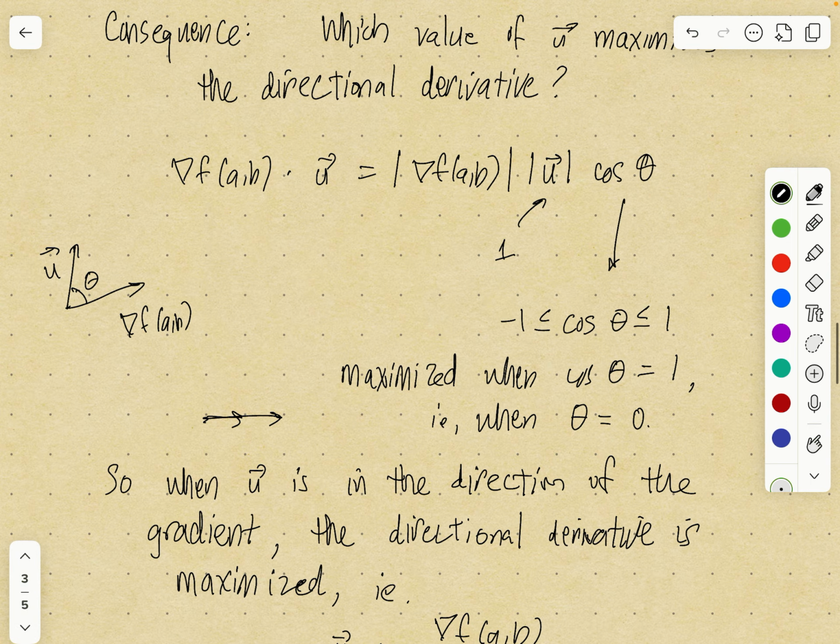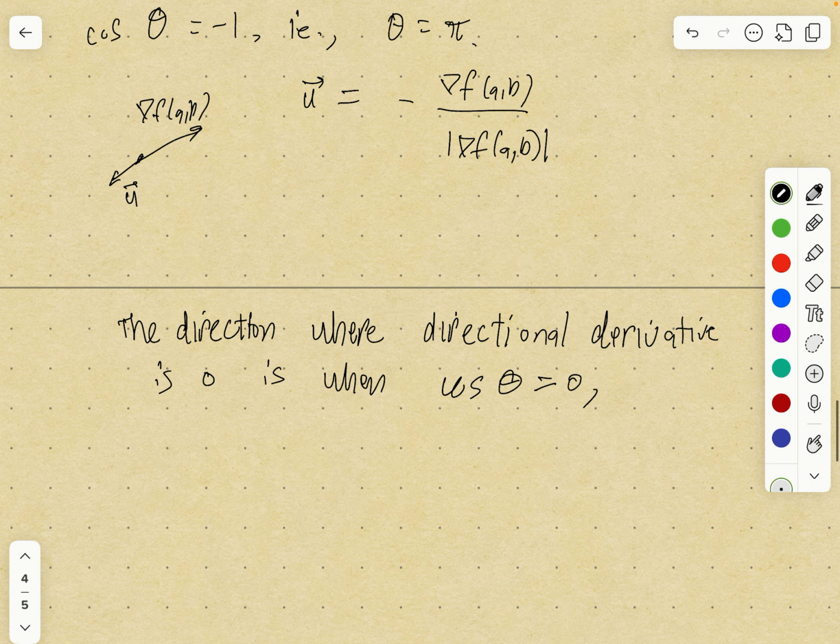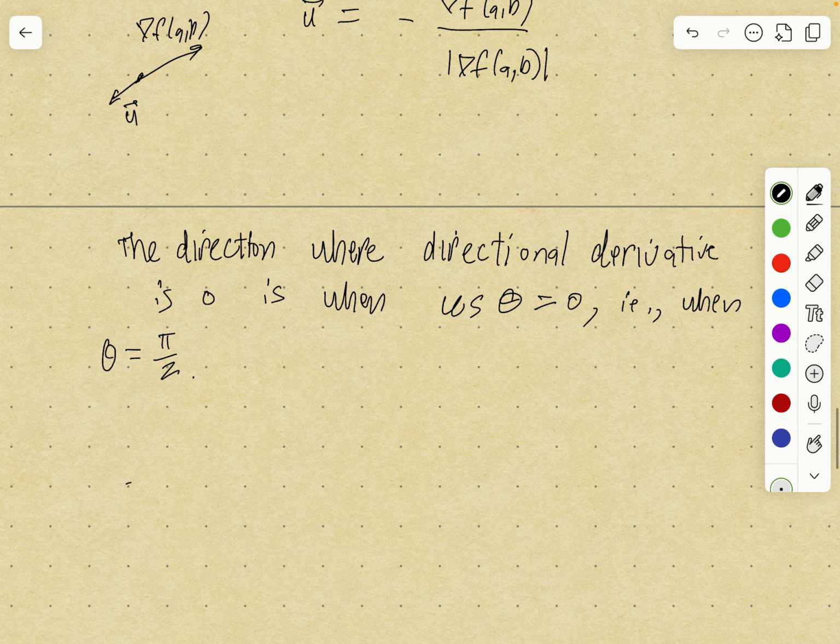Because if you set this equal to 0, you just get cosine of theta is 0. Cosine of theta is 0 when theta is 90 degrees, or pi over 2. So if your gradient is this way, then you should be going perpendicular to the gradient. So you get a 90-degree angle.